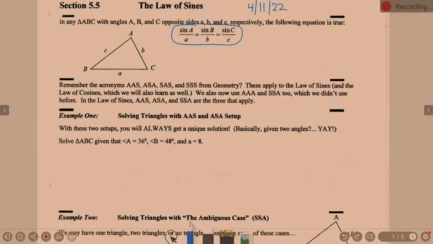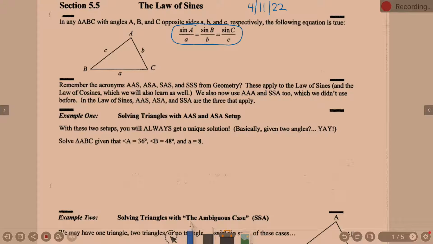We have other things with right triangles that we can do, because we can just look at the sine or cosine of an angle, or we can use Pythagorean theorem. These are not right triangles. So, we can look at the fact sine A over a is proportional to sine B over b. Or we could just use sine A over a is proportional to sine C over c. So any pairs will work within the triangle.